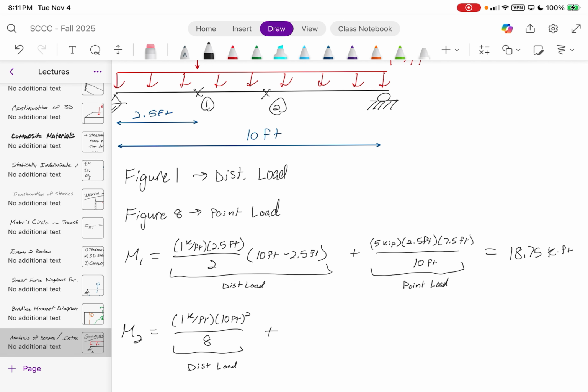But for the point load now in figure 8, what we need to do when x is less than b. That is a good point. X is less than b. Yeah, it doesn't give it.